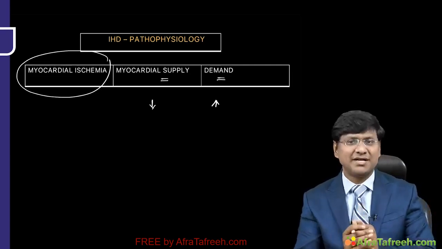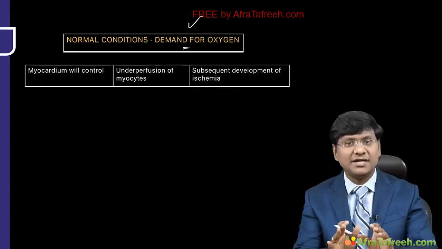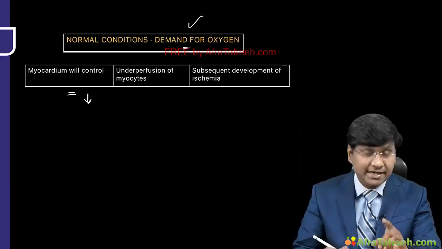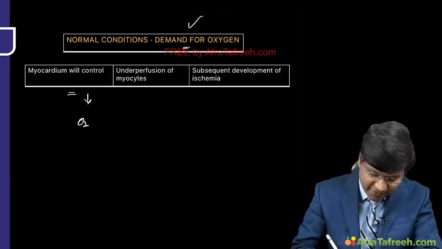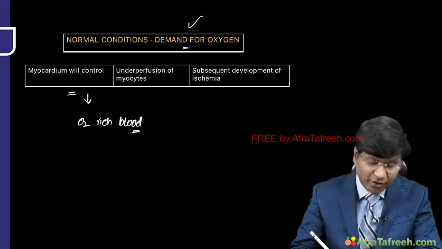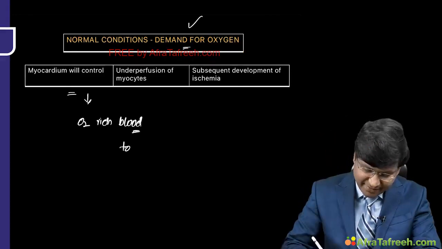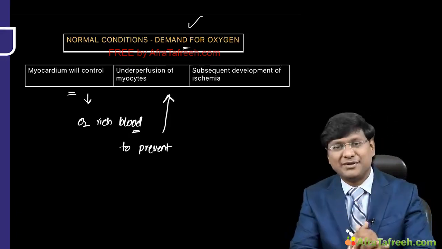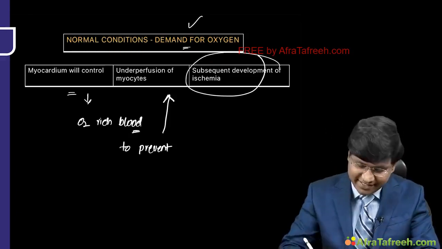Now you take the normal conditions, whenever there is myocardial oxygen demand, right? In the normal conditions, whenever there is a demand for oxygen, the myocardium will control the supply of oxygen rich blood, mainly to prevent underperfusion of the myocytes and subsequent development of ischemia and infarction.